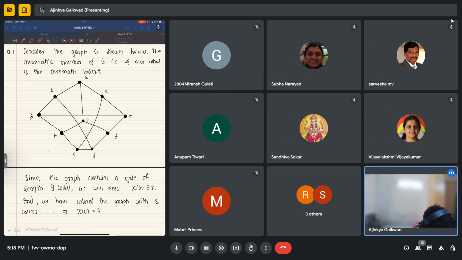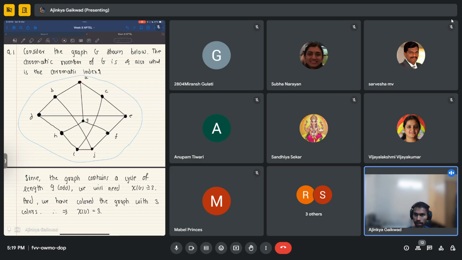Let me just take this bigger and we'll color the edges. Do you see what I'm writing?